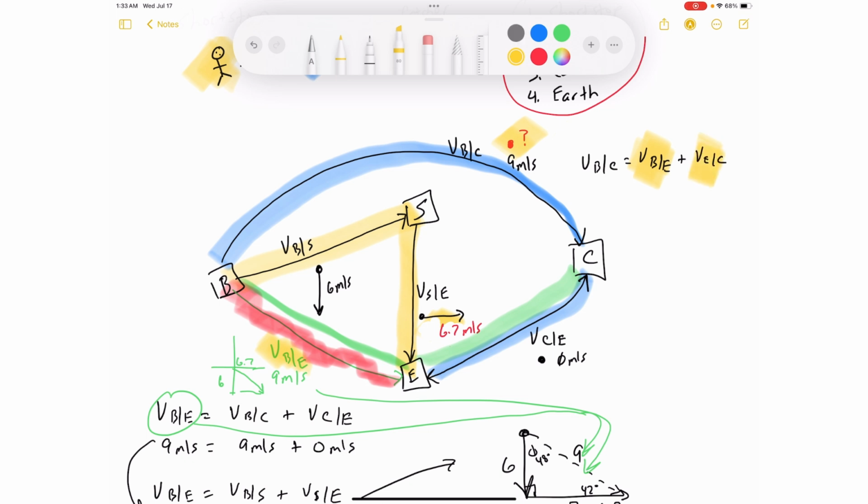And so what does that look like? Well, VBE looks like it's that vector. Remember that one, the one we just did? And then VEC, what does that one look like? Well, that's just the 0 vector. So then what does VBC look like? Well, it's just that diagonal vector that's pointing down plus the 0 vector, which is just that. Okay.